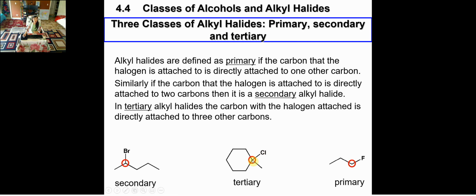So this carbon is bonded to 1, 2, 3 other carbons. If the carbon with the halogen attached is directly bonded to 3 other carbons, you call it a tertiary compound. This carbon is your tertiary carbon.